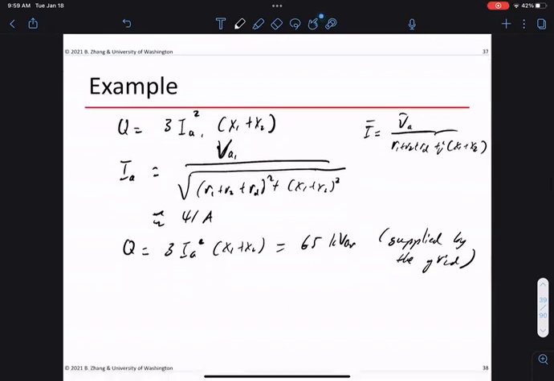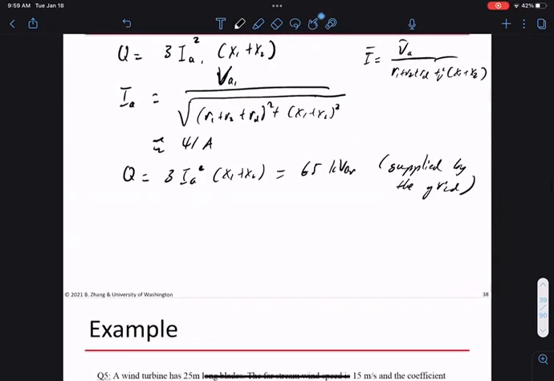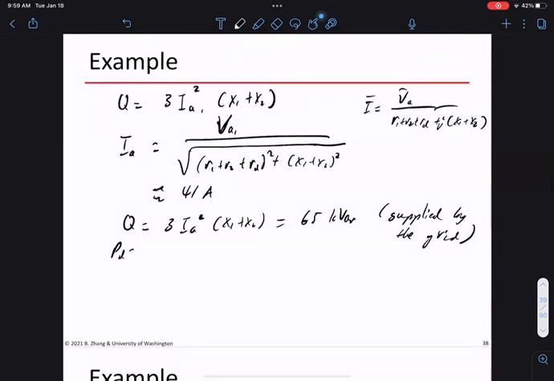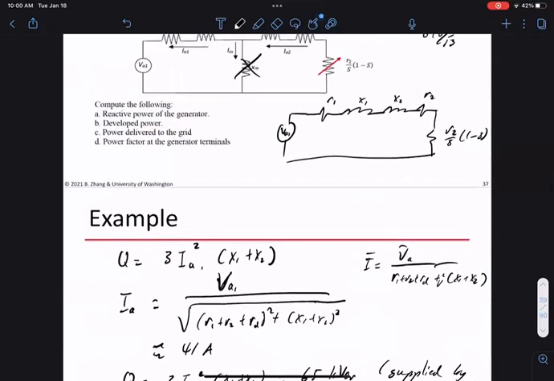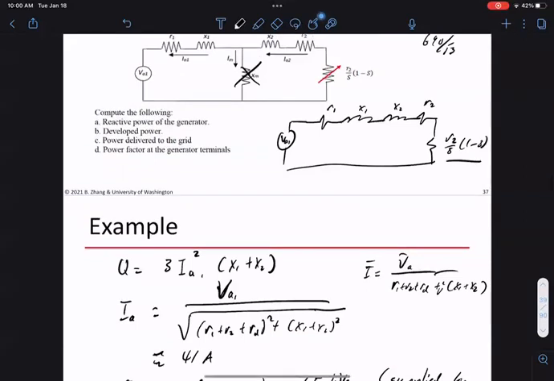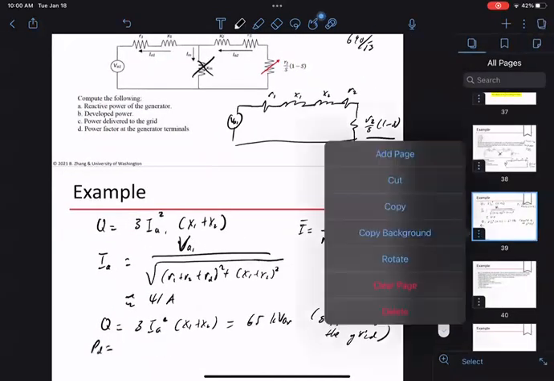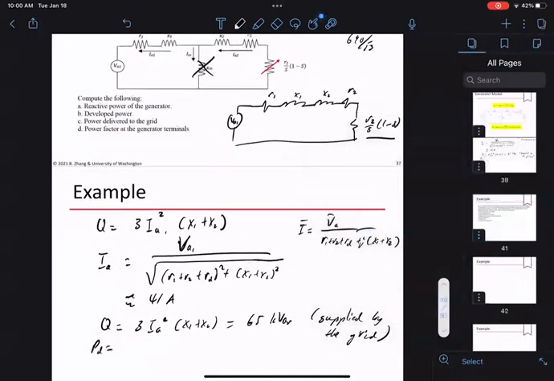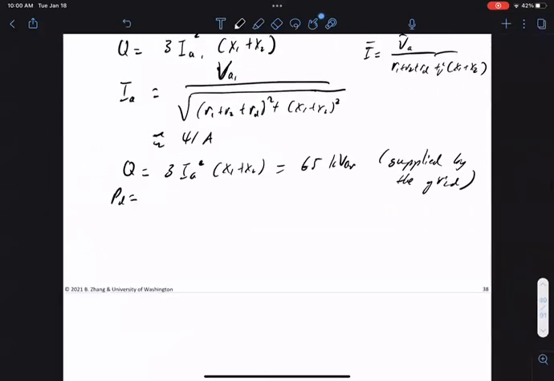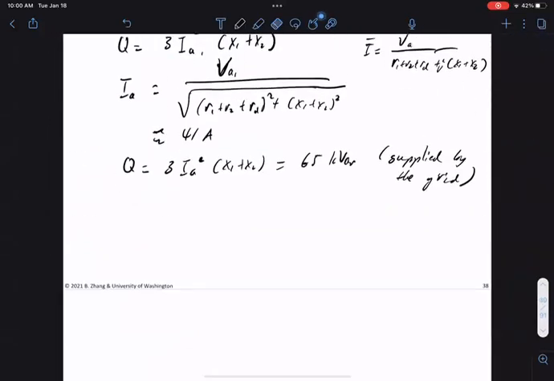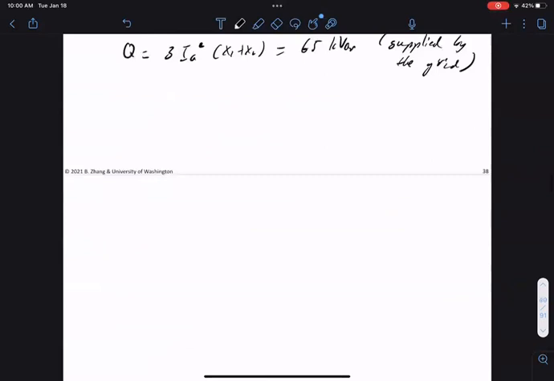PD, the developed power, is the power that's given out by this negative resistor. Developed power means I'm a generator, so as a negative resistor, this is power coming out of it.